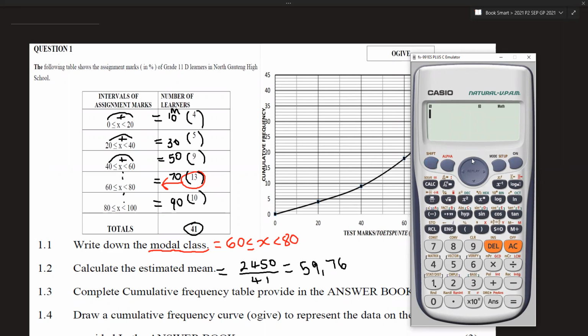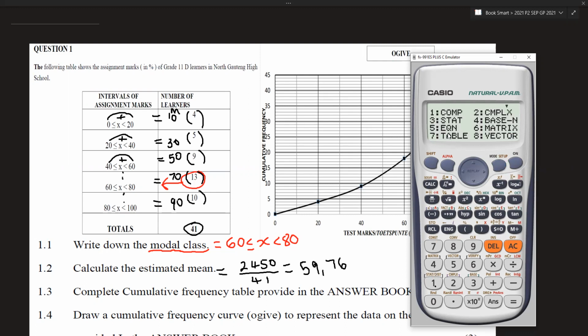You press shift and then setup, and then you want statistics. My stats is on 4. On other calculators, it will be on 3. So it's either on 3 or 4, or whatever number stats is written on. I press 4. We want the frequency table to be on. Then your frequency table is on now.